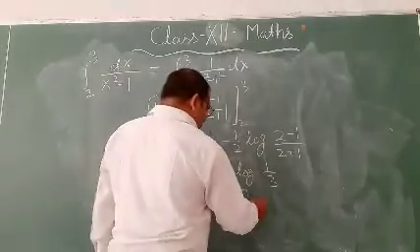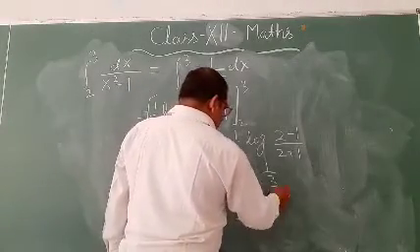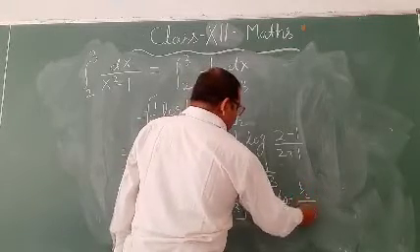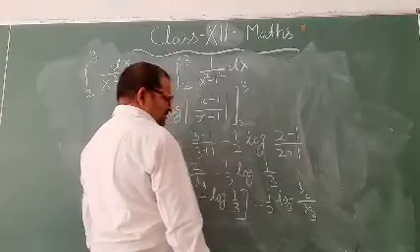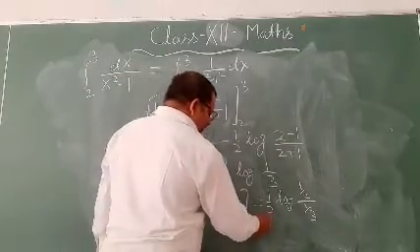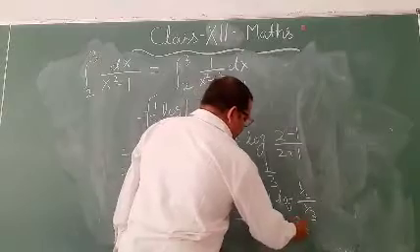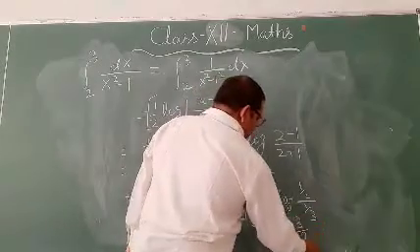This can be written as 1 by 2 log of (1 by 2 upon 1 by 3), equal to 1 by 2 log 3 by 2.